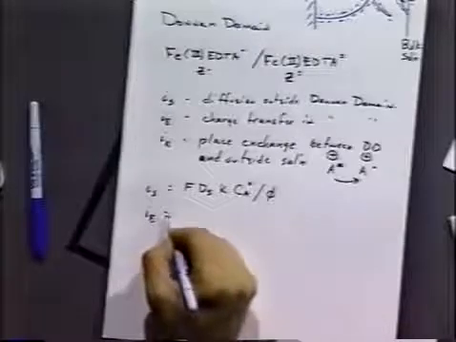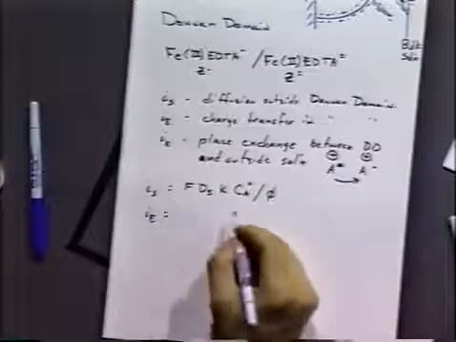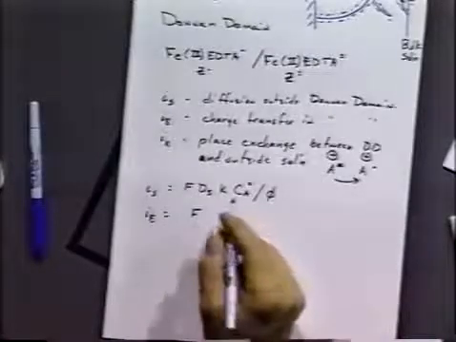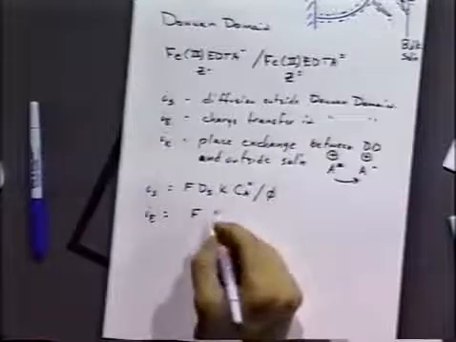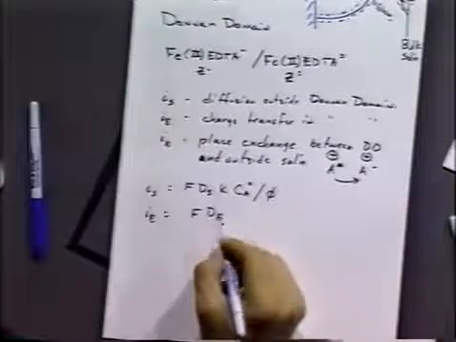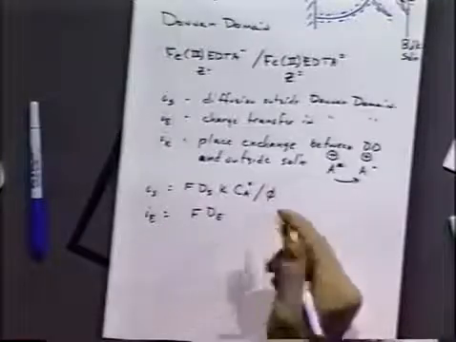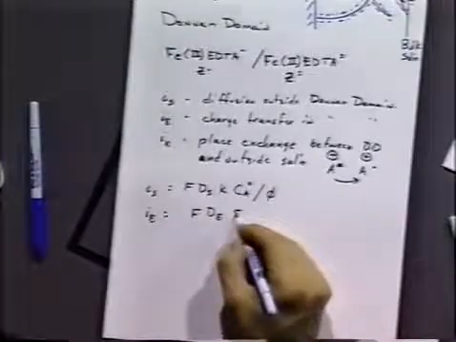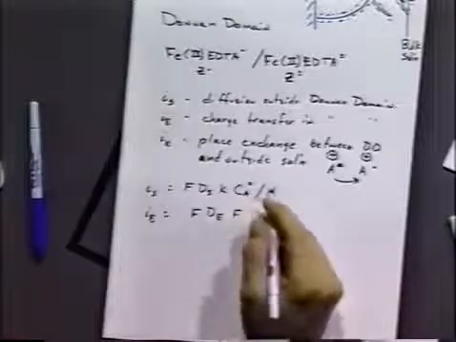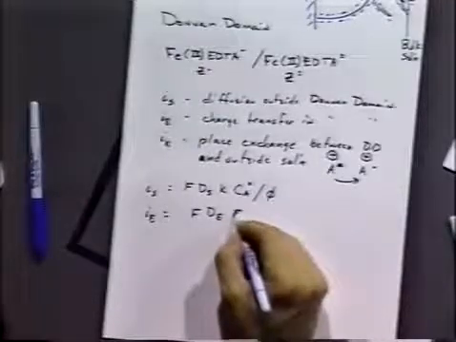I sub E is going to be related to the Faraday, the diffusion coefficient in the donut domain, in that domain right next to the electrode surface.